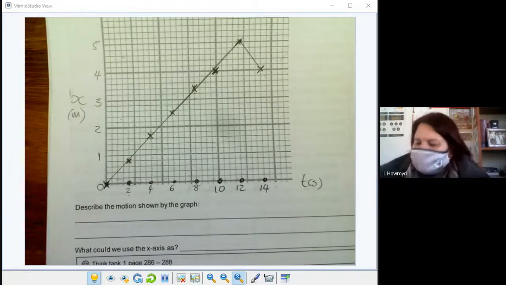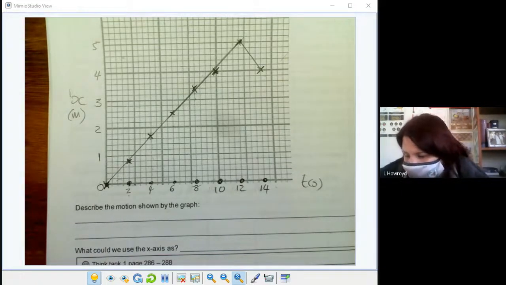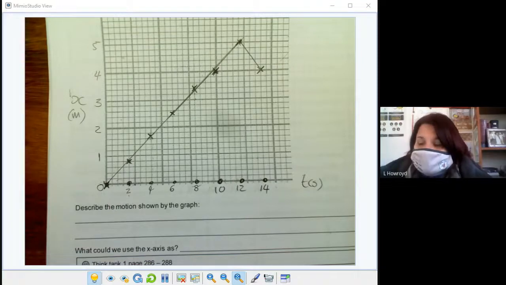Now, I'm going to tell you something else important about a position time graph. A position time graph has a very special line. A position time graph is specifically about where you are in relation to your frame of reference, or your point of reference.